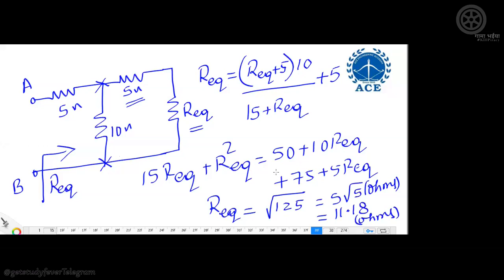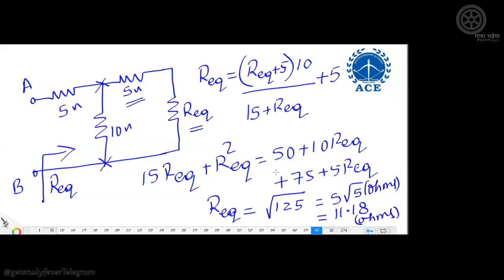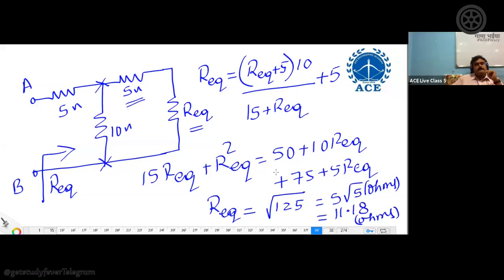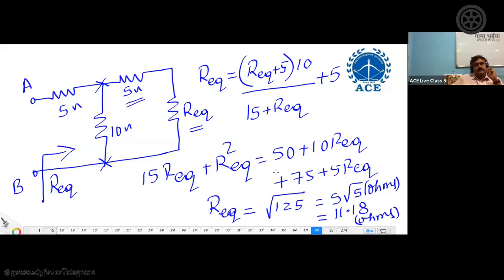Right. Okay. Sir, I have one more doubt. Tell me. Sir, it's about Thevenin's equivalent. If we do Thevenin's equivalent across any load, then the current will change. What is that? Equivalent across which branch?